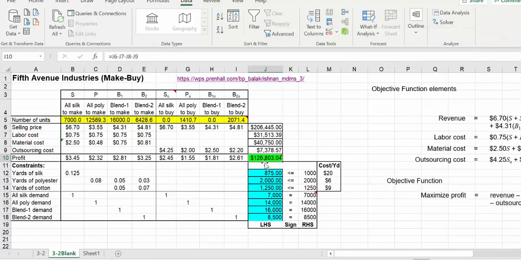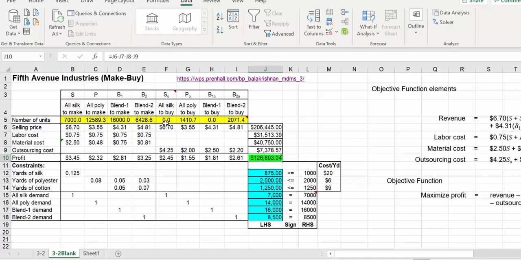Okay, so this is 126,803. So notice that in terms of, they sold everything, right? So they sold everything in that case. So they maxed out everything. All right, they maxed out, it looks like, everything but silk as well.